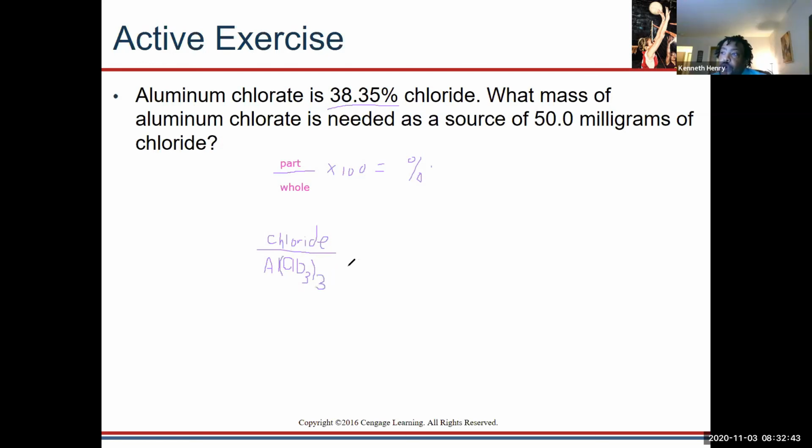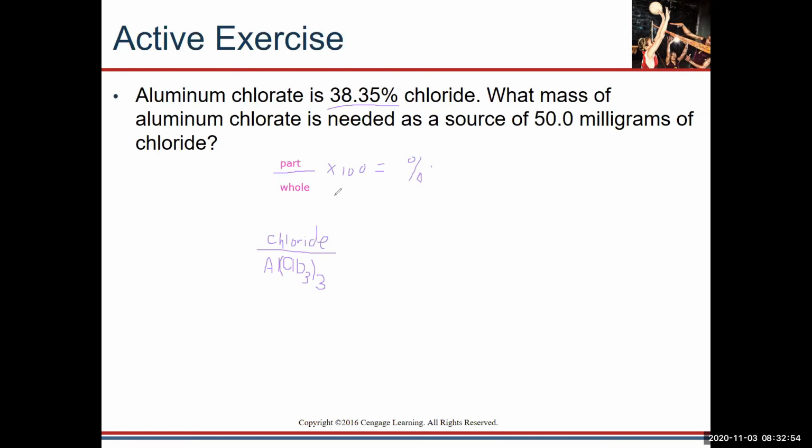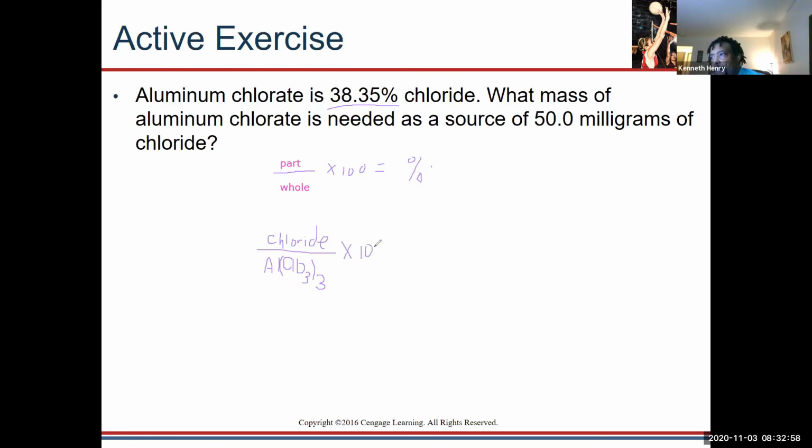Okay, so that's my part over my whole, and we know that is going to equal my percent, times 100. This is going to be my percent chloride.